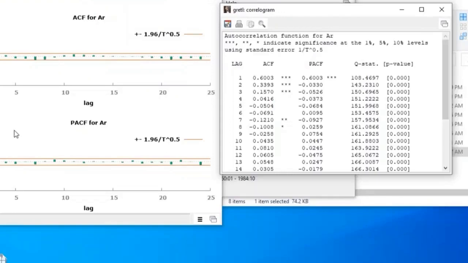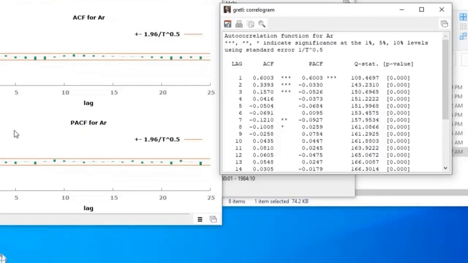And if not, then we have to see whether the ACF is fast decaying or not. If we have significant spikes, we have to see whether the significant spikes are fast decaying or not.